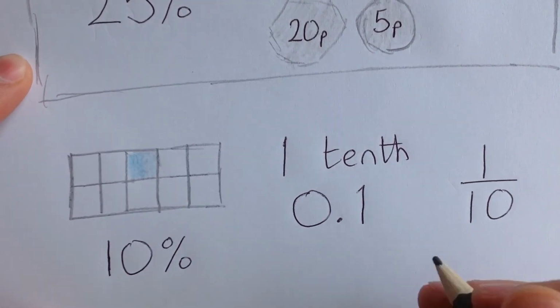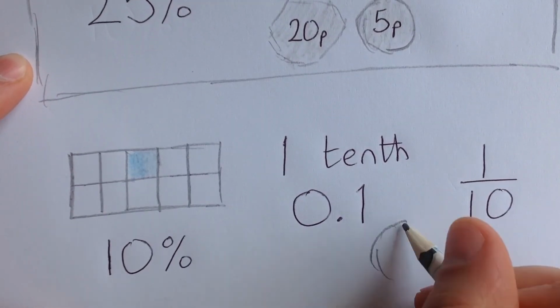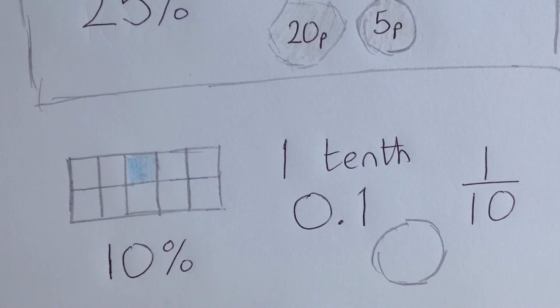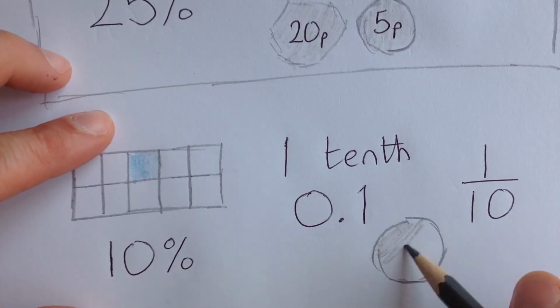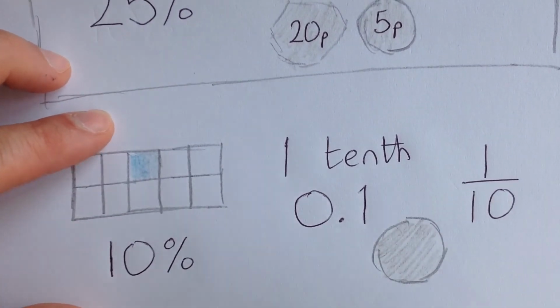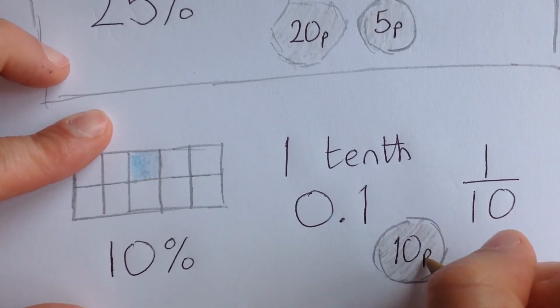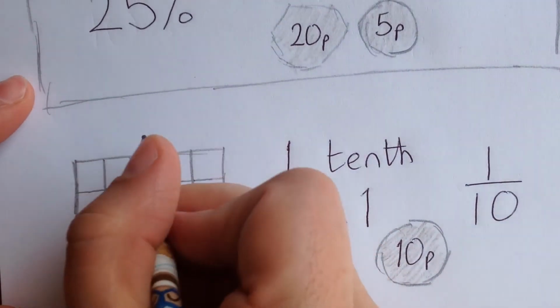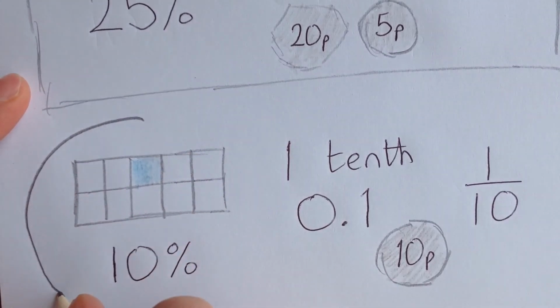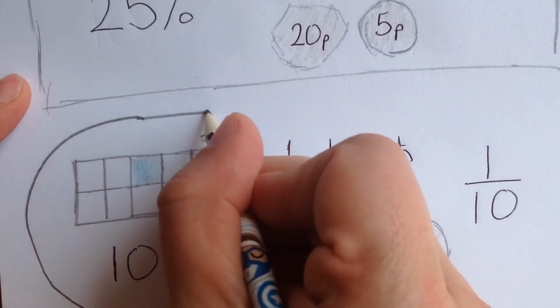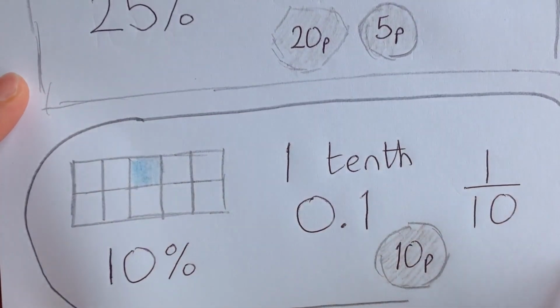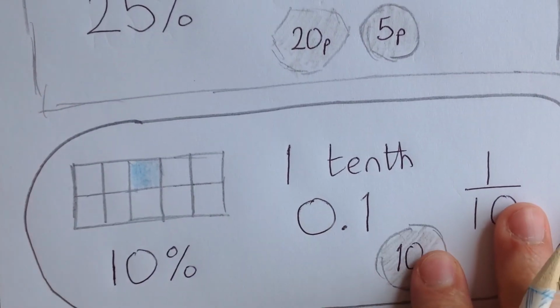And finally, I need to draw a 10p piece. And I'm going to draw a shape around it, just to finish it. I think I'm going to go for sort of an oval-type shape going around it. And there you have it.